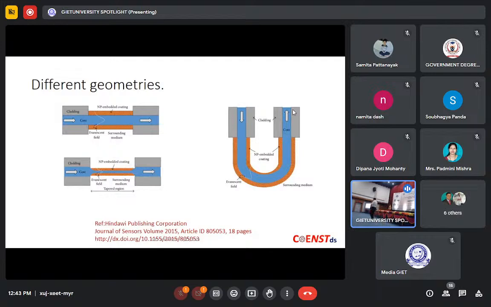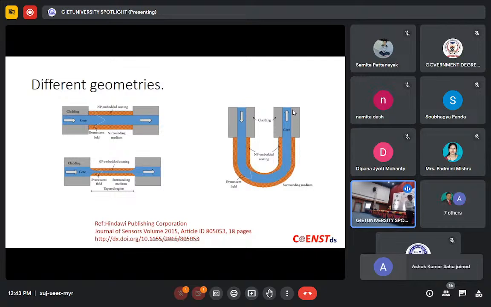So finally, you see these are the different conventional geometries. These are not in fact new geometries. If you have a fiber like this, then this is your core and this is the cladding. Here I have taken out this cladding and I have rotated this nanofiber or this nanomaterial.